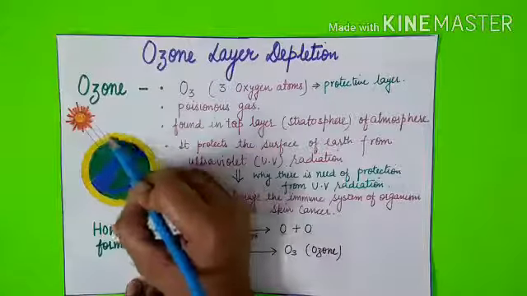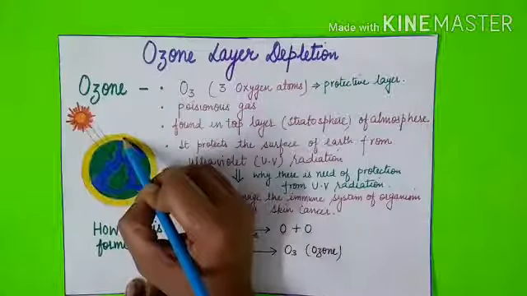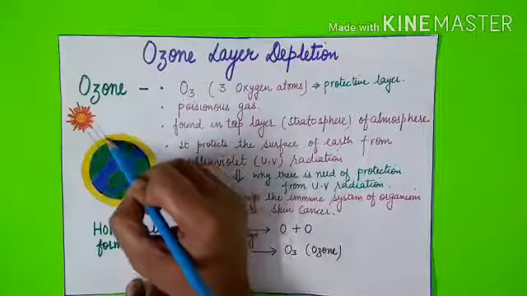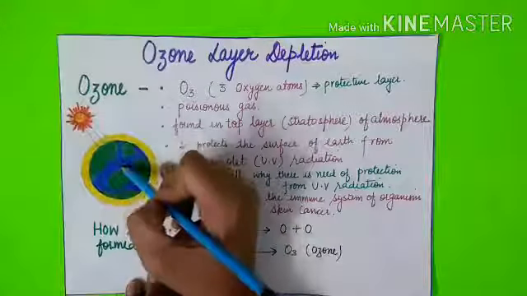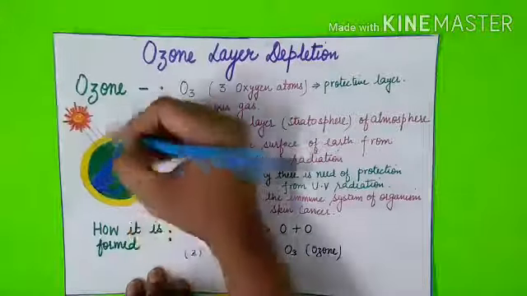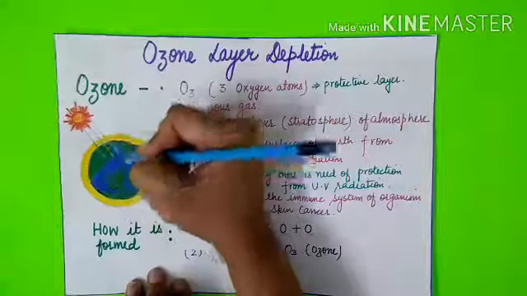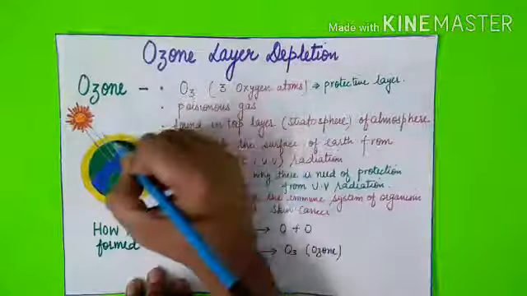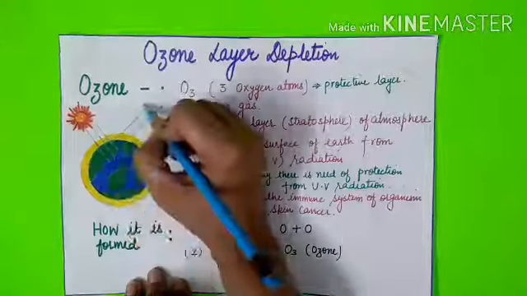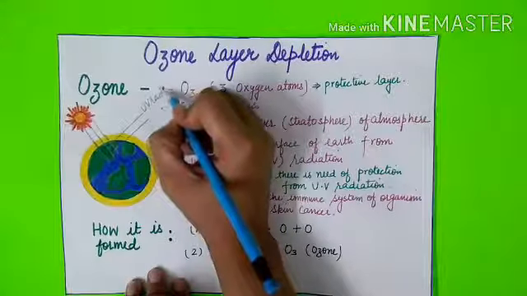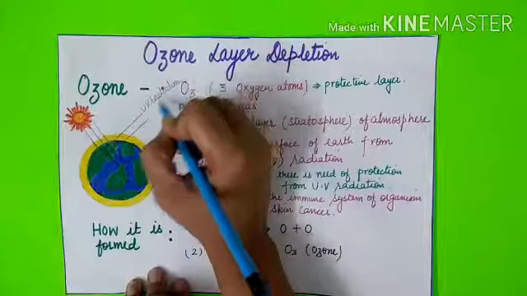So this yellow ozone layer doesn't allow UV rays into the earth's atmosphere. It allows other radiation like microwave, radio wave, infrared, but not UV radiation.